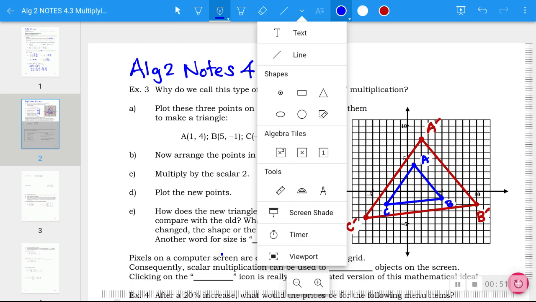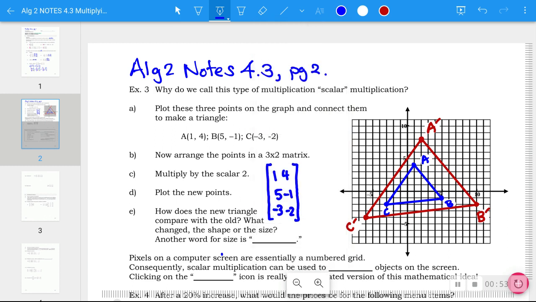We have these 3 points, A, B, and C, and you can see that I've transferred to them this little 3 by 2 matrix, with the 1, 4 being point A at the top. There are 3 points, and each of them has an X and a Y coordinate.